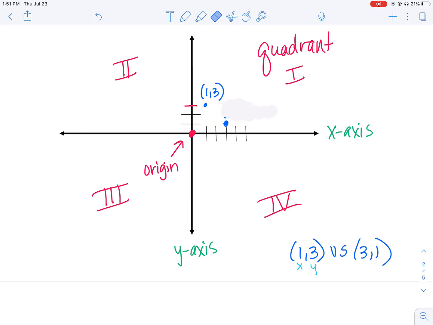It's a little bit different if I ask you to plot the point 3 comma 1. Now 3 is my x coordinate and 1 is my y coordinate. That means I'm going to move right 3 and up 1 this time. So this would be the point 3 comma 1. You notice they're in different locations, so it's really important that you follow the x coordinate and the y coordinate. Left and right first, and then up or down, depending on your numbers in your ordered pair.